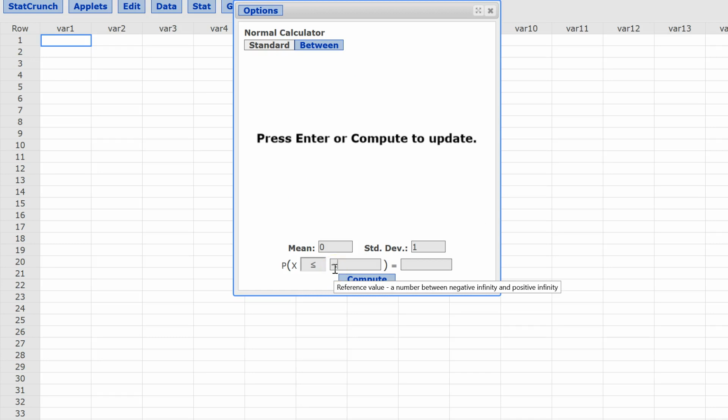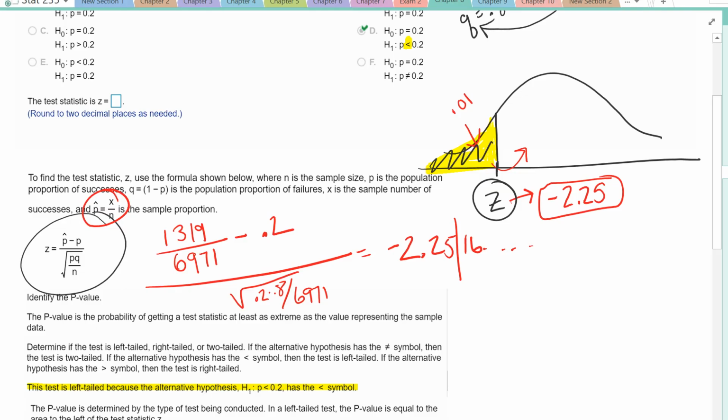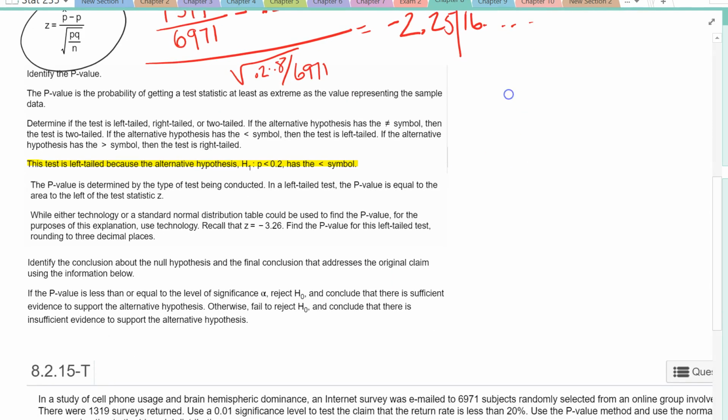I enter minus 2.25 and compute that. That gives me the area to the left, which is 0.012. So the p-value for this left-tail test is 0.012.